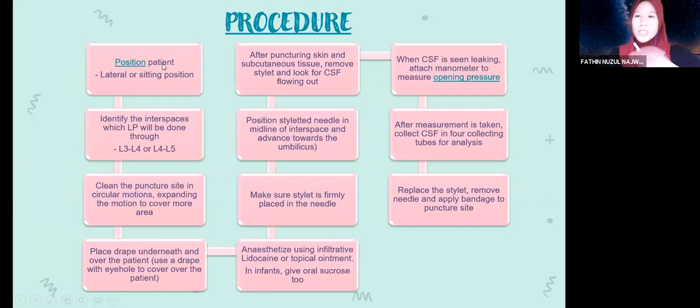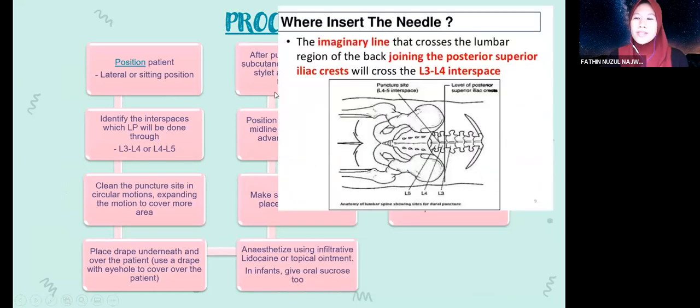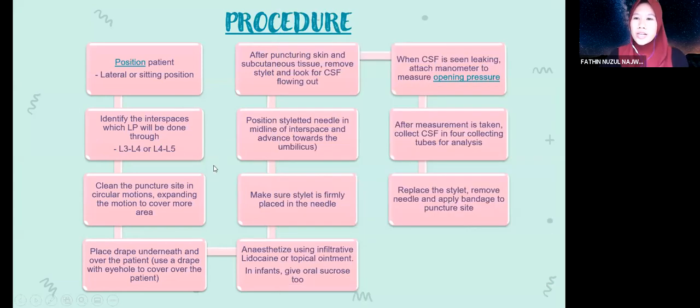So after positioning the patient, we then identify the interspaces in which the lumbar puncture will be done, as I've mentioned earlier how to do it. So the interspaces are either L3 to L4 or L4, L5. Okay, after identifying, we mark the site to make it easier for us when we come back.